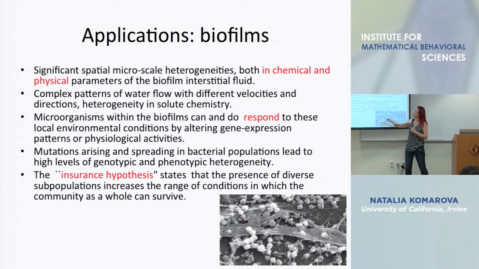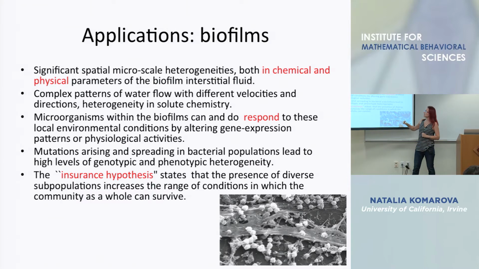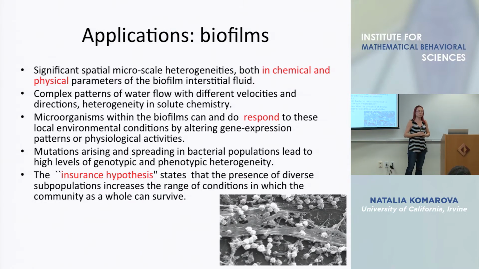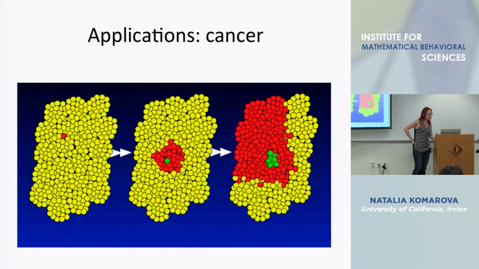And in fact, there is even an insurance hypothesis that states that the more heterogeneity there is in this society of bacteria, the more likely it is to survive against the harsh environment. So for us, it's important to understand how fixation happens in such things, because random environment obviously plays a role here. Another application is cancer.